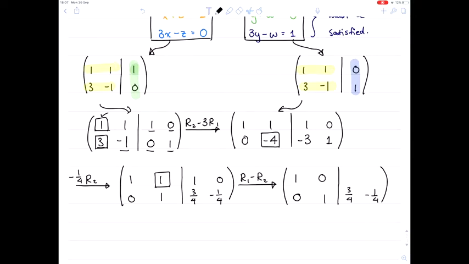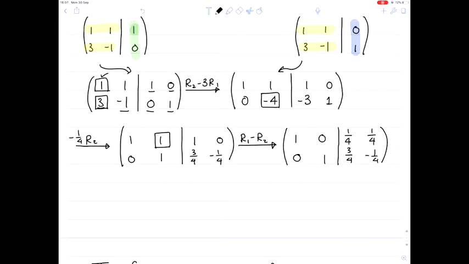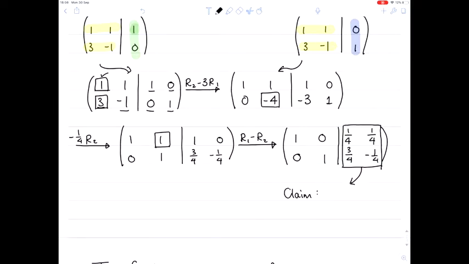Now I've got a 1 minus 3 quarters, which is 1 quarter, and I've got a 0 minus minus a quarter, which is a quarter. And what I claim, crazy as it may seem, is that this set of numbers over here forms a matrix that is the inverse of the original thing we were looking for.